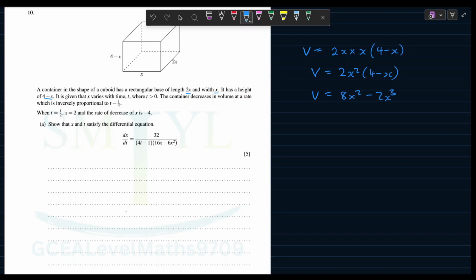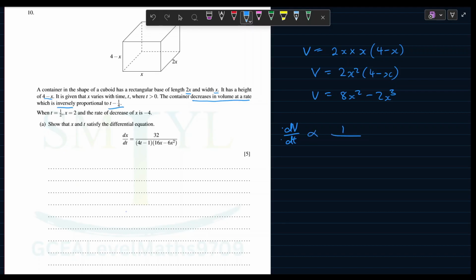Now we're given that x varies with time t where t is greater than 0. Okay, then we're given that the container decreases in volume at a rate. So the volume is changing at some rate. So that's going to be dV/dt. This is volume changing with respect to time. Okay, and we're told that this is inversely proportional to t minus a quarter.